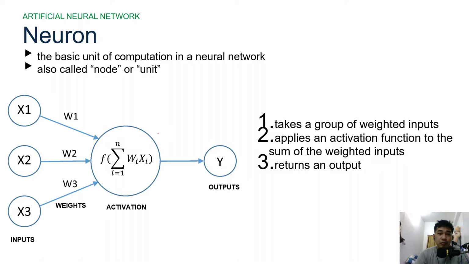Also, we have the neuron. So this is the basic unit of computation in a neural network. This is also called the node or the unit.